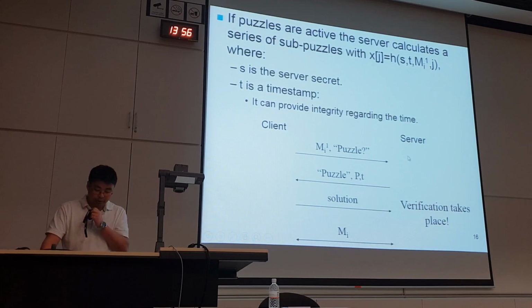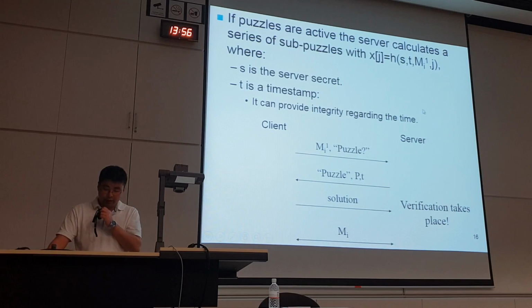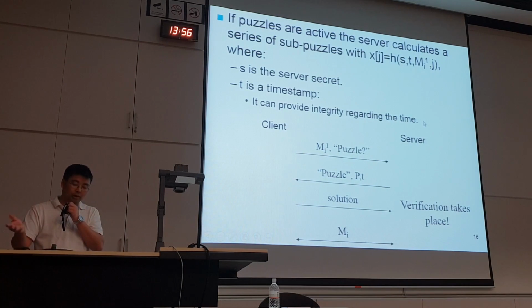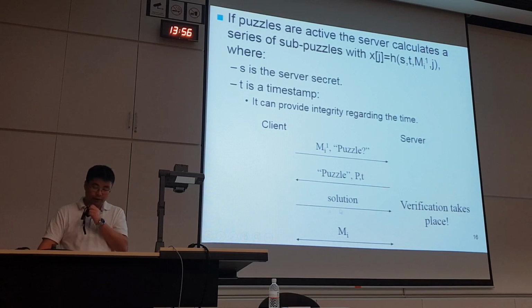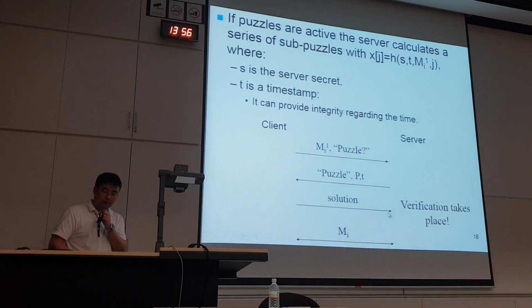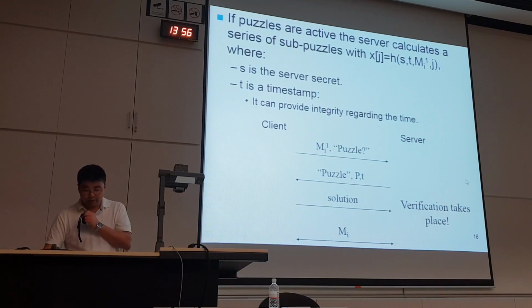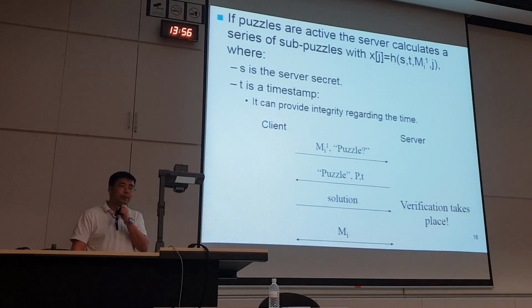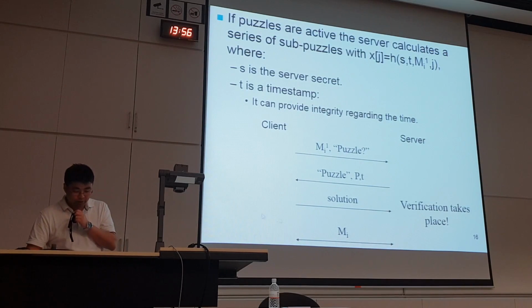Then you generate the X and Y, and you take away part of the X, and give the remaining part of the X and also the Y to the client. So the client will need to find the missing bits in the X in order to pass the verification. The server can then verify whether the solution, the missing bits provided by the client, is correct or not. If it is correct, then you grant the access and continue the service.